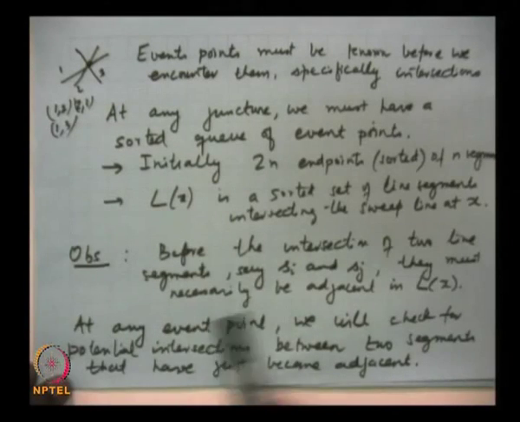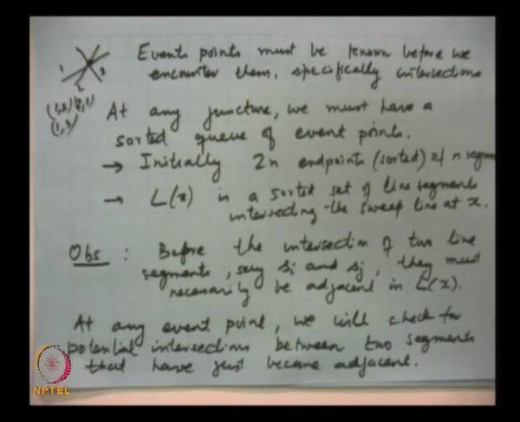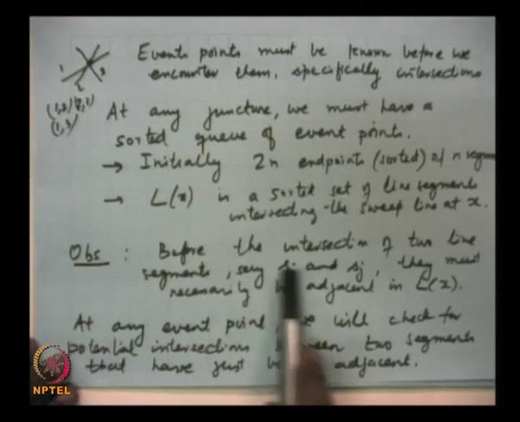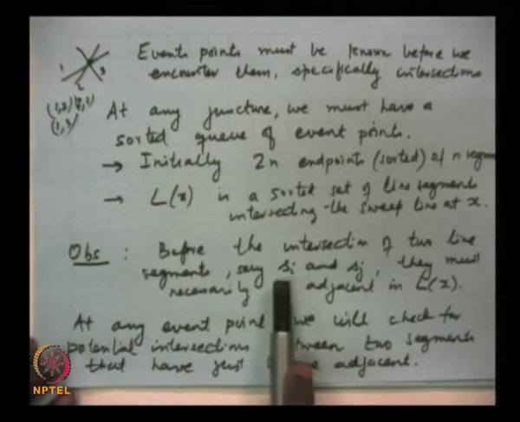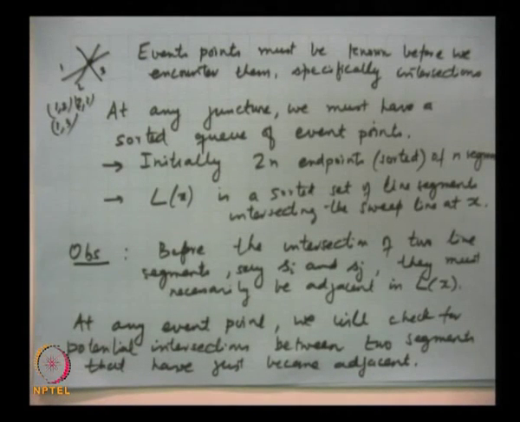So, at any event point we will check. What happens at an event point? The definition of the event point is such that it is exactly those places where the ordering can change. To detect the intersection between Si and Sj, if they were not adjacent before, they must have become adjacent after some event point.